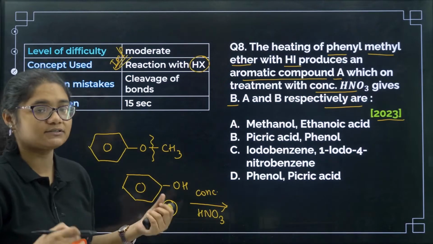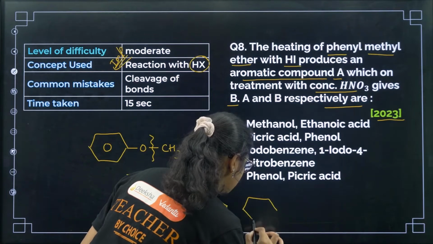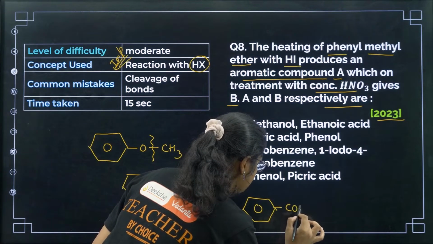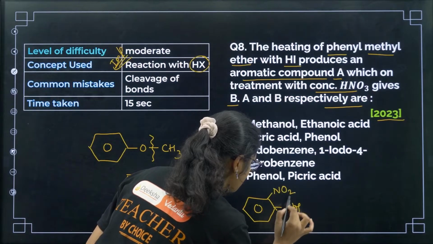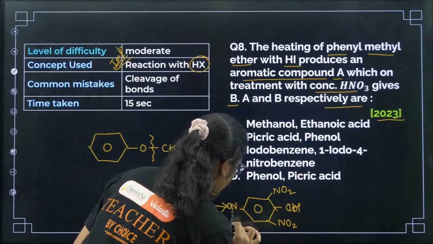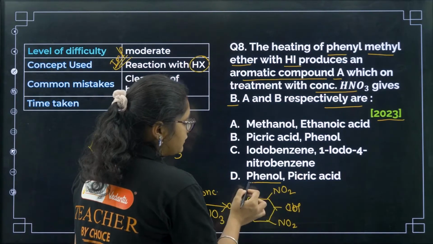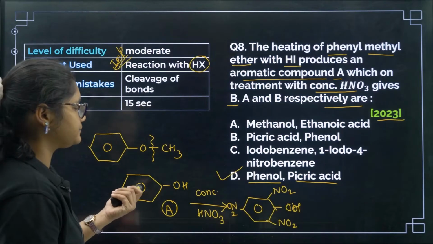All the three positions will be substituted. So what will be the product I'll be getting? I'll be getting here, that is your picric acid, right? So here I'll have OH, here I have NO2 group, here I have NO2 group, and here also I have NO2 group. Okay, so we'll get phenol and picric acid. Option number D will be the correct answer.